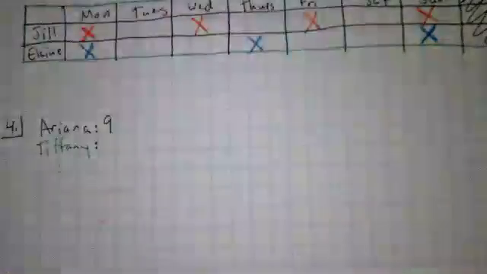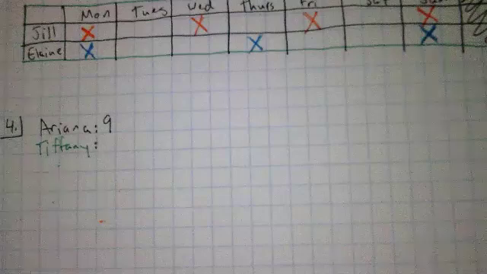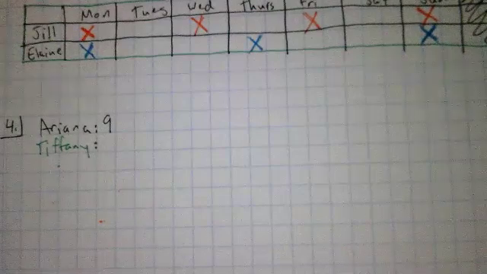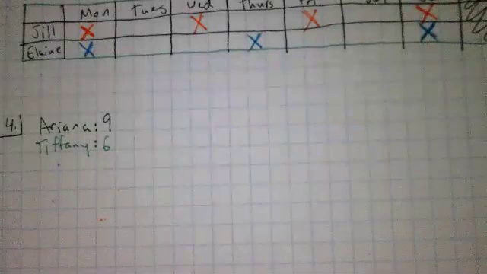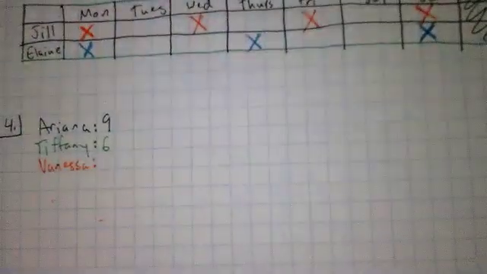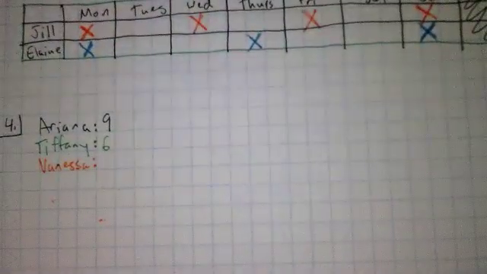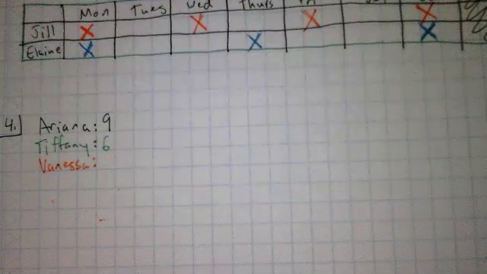It says that Tiffany is 3 years younger than Ariana. So, if Ariana's 9, how old would Tiffany be? 6. So that still works because they all have to be under 10, right? Okay? Then we have Vanessa. It says Vanessa is 1 year closer to Ariana's age than Tiffany's age.